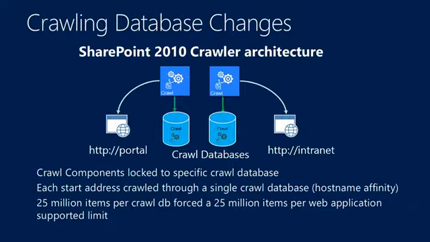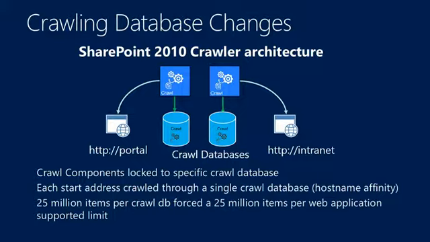It's kind of a concept you need to get used to. So what we've basically done is we can now stripe our crawling capability across multiple databases. So in 2010, we had this scenario where one web application effectively could only be crawled by one DB. So if this DB failed, you were dead in the water. And the maximum number of items you could crawl in this DB was this 25 million.